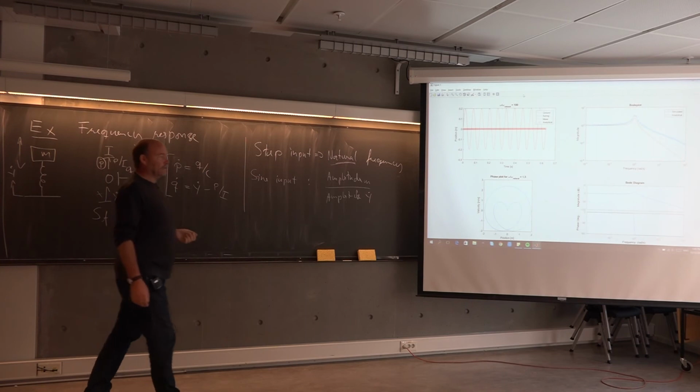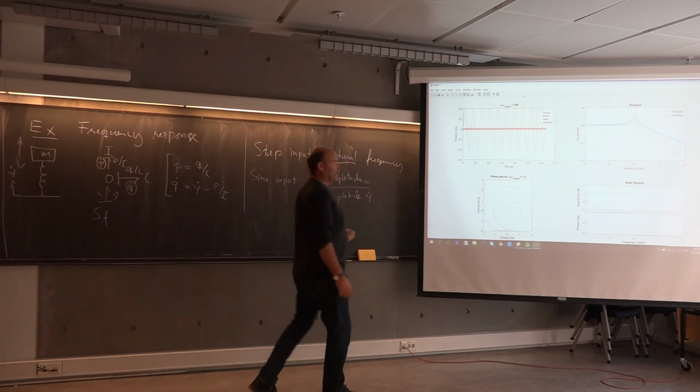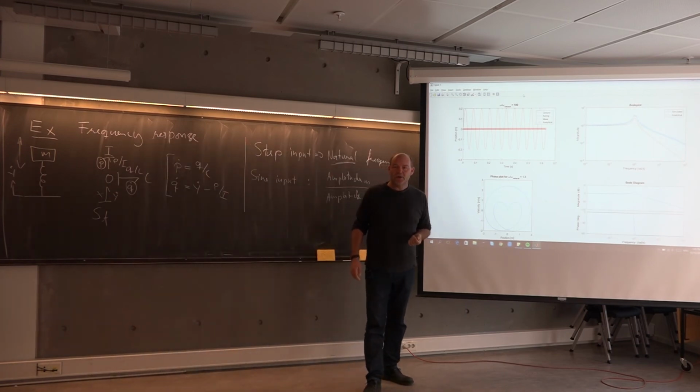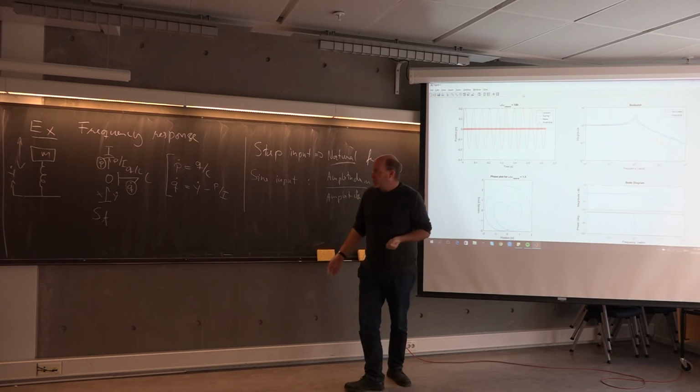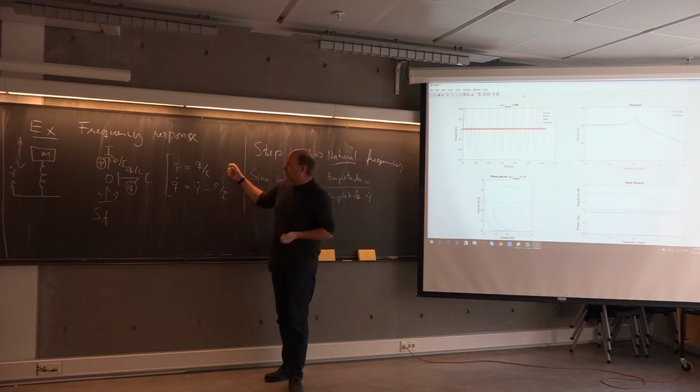From standard regulation and control theory, you will then use, of course, the Laplace transform. This system here is a linear system.